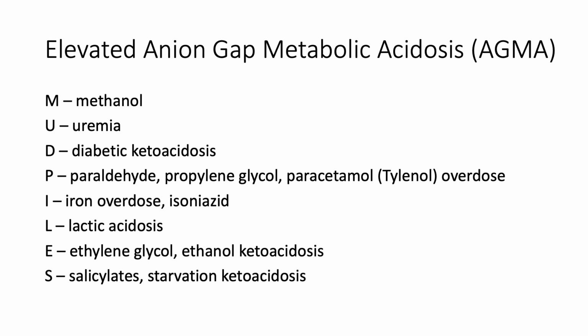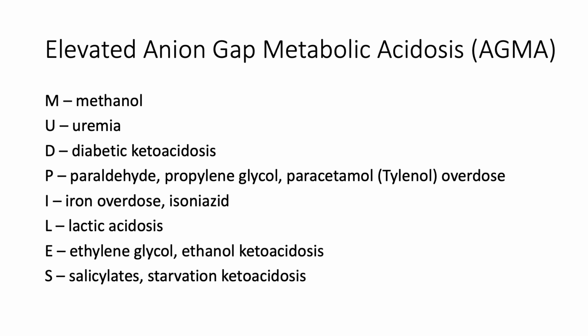Now, the most common mnemonic or acronym that you can use to remember the causes of elevated anion gap metabolic acidosis is MUDPILES. So the M stands for methanol, which is a toxic alcohol. U stands for uremia. So in end-stage renal disease or acute renal failure, you have buildup of different organic acids, and that can cause an elevation in your anion gap.